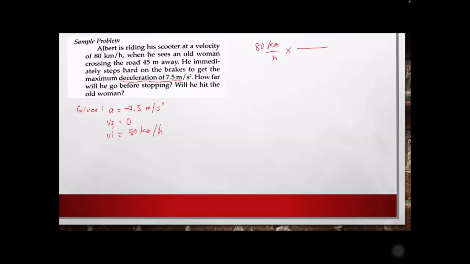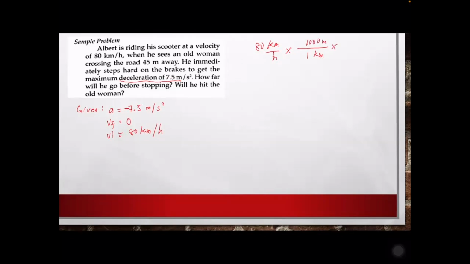Since we're going to cancel the kilometer, what is our conversion factor? Magkakaroon tayo ng 1 kilometer is what? What is the value of kilometer to meter? 1,000 po.